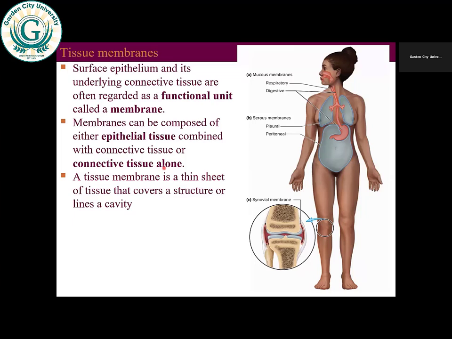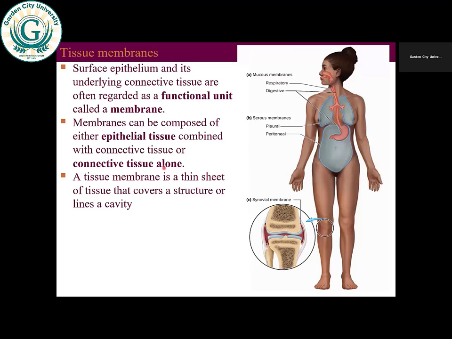Let's say you want to bake. You will line the bowl with a paper. That is a membrane. Here we are saying that a membrane can be composed of an epithelium and or connective tissue.